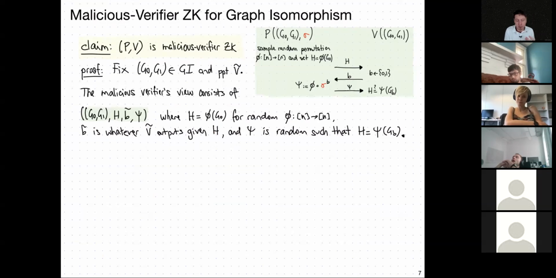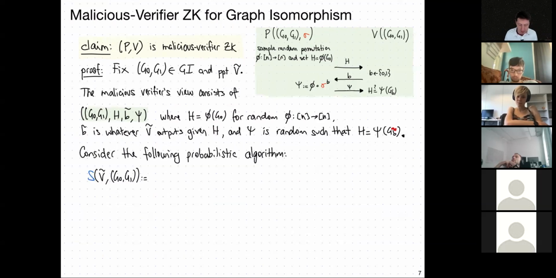So it could be some potentially really hard to understand bias depending on the graph H. And then, whatever bit b tilde is sent, actually here I'm missing a tilde. Let me make a note. Whatever bit is sent, the prover will reply with psi, a mapping from G_b tilde to H, right? All right. So that is how a verifier view is distributed.